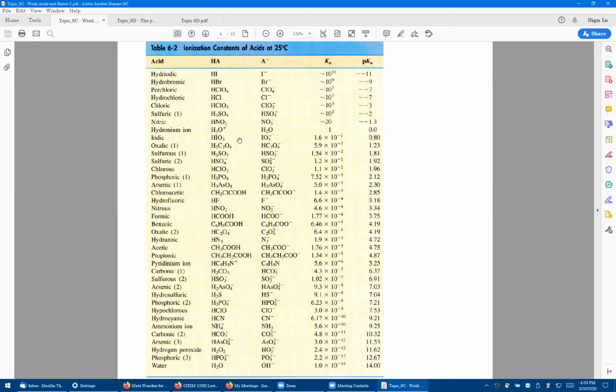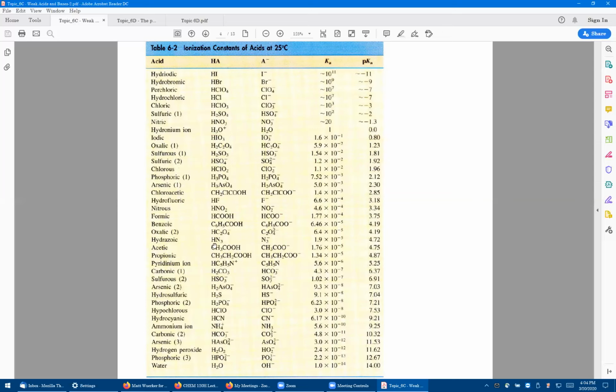Iodic acid, HIO3, the Ka is 0.16. It hardly qualifies as a weak acid, but it's definitely not as strong as a truly strong acid like up here. But as you go down the list, these are arranged in the order of decreasing acid strength. So, for example, acetic acid, which is right here, one of the most common weak acids.